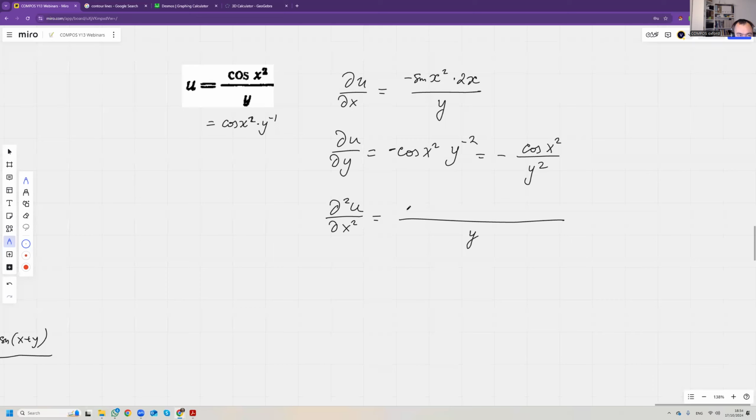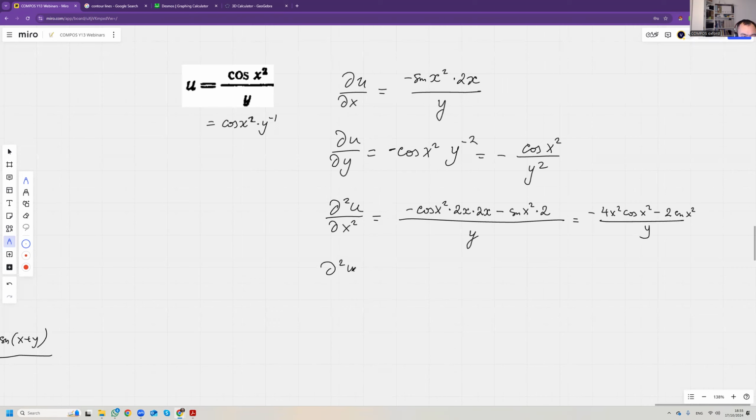So it's going to be minus cos(x²) multiplied by 2x multiplied by 2x, minus sin(x²) multiplied by 2. Can we simplify this? Not too much. So minus 4x² cos(x²) minus 2 sin(x²), all divided by y.